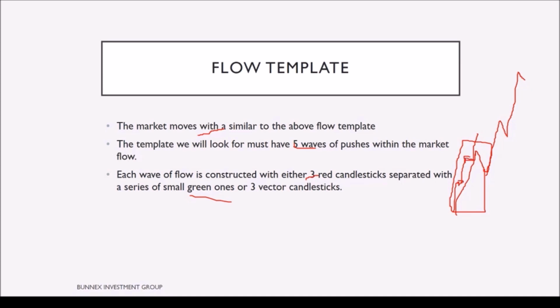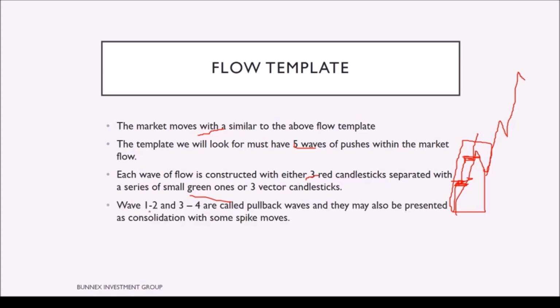In these zones there will be small red candlesticks, or there will be no candlesticks, and these will be vector candles: a big candle that stretches from this point to that point, another one from this point to that point, and the last one to complete what we call a wave.